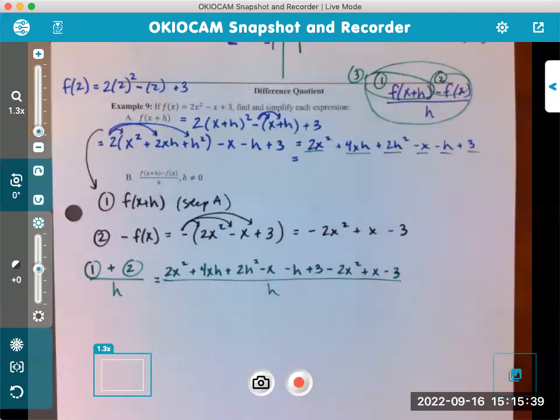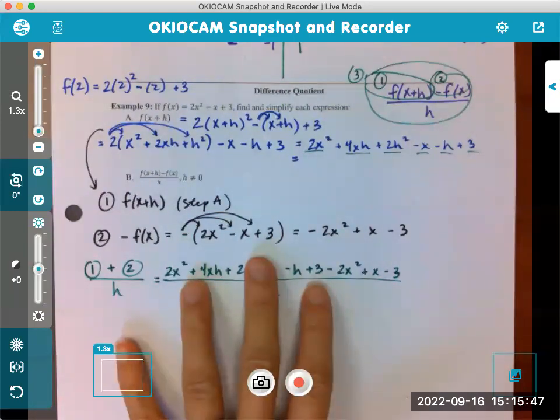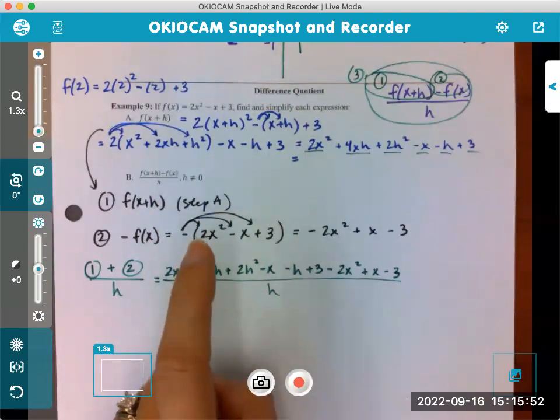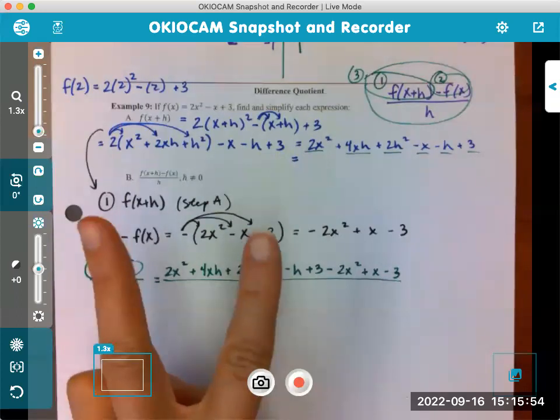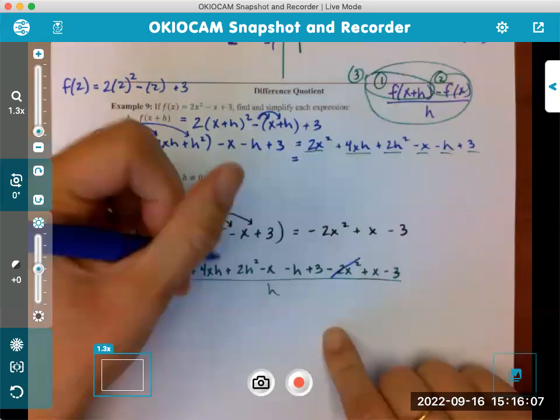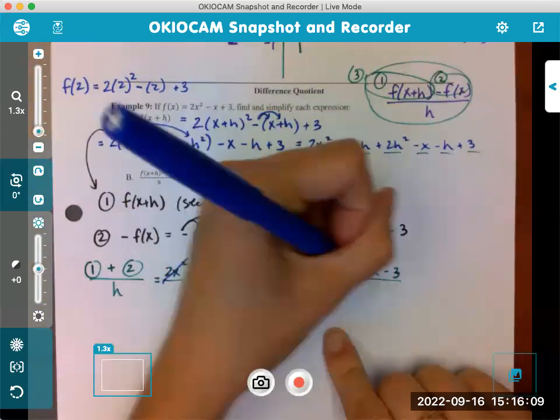All right. I'm so sad we're not in person for this, because this is thrilling. Get this. Step 3 not only has 1 internal self-check, that's right, not 1, but 2. 2 self-checks that tell you, yay, you're on the right path. Because get this, every single thing from step 1 will cancel out with something from step 2.